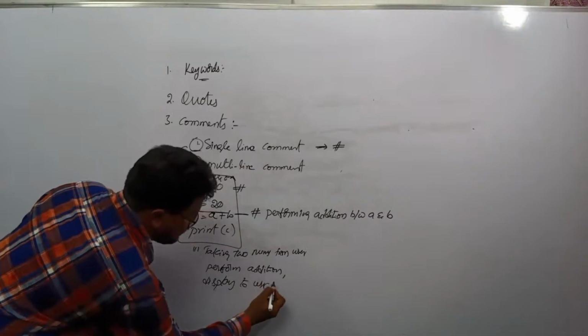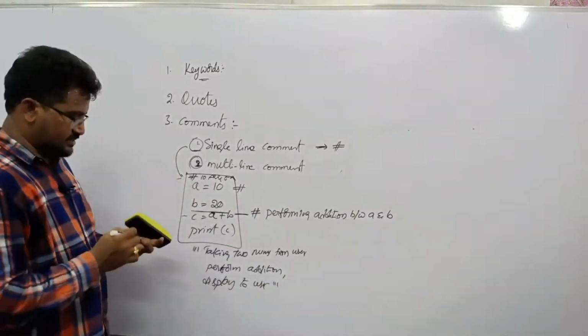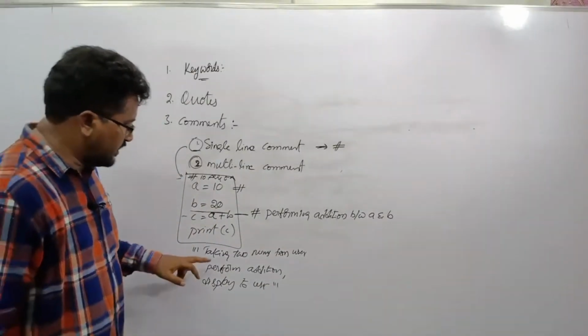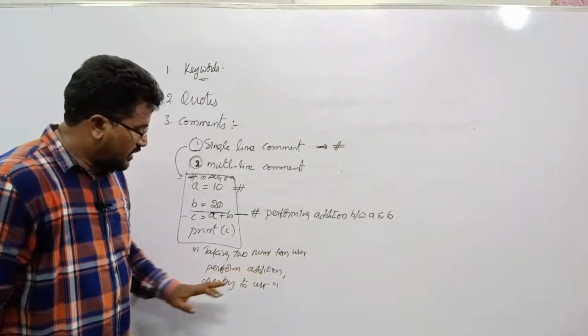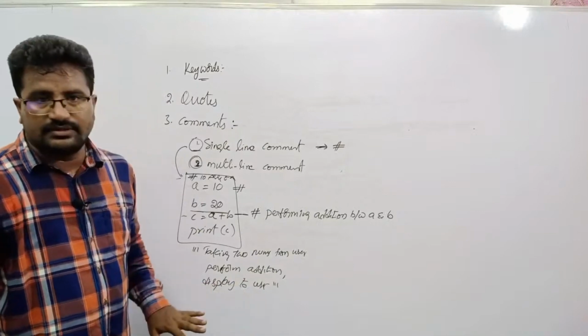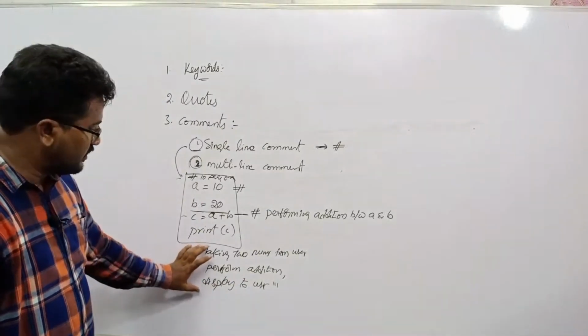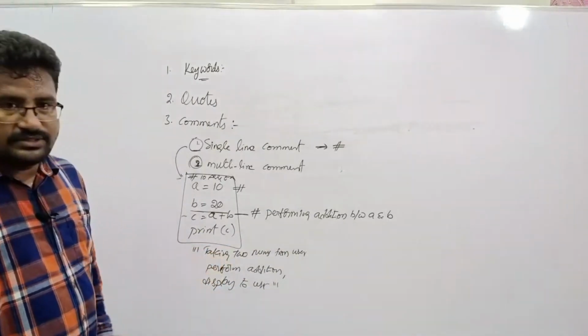That's all. Now make the comment like this. So what's the point here? Taking 2 numbers from user, perform addition, and then display the result to user. So this is now a multiple line comment.